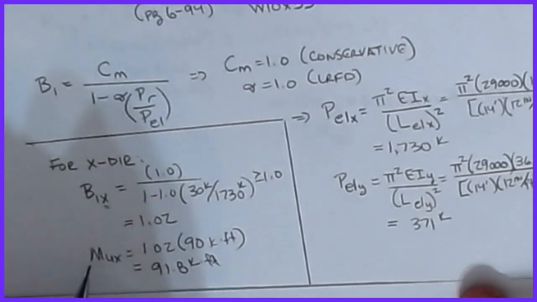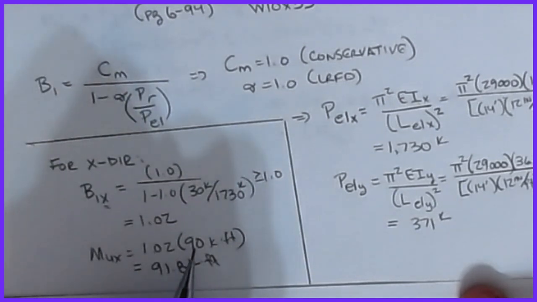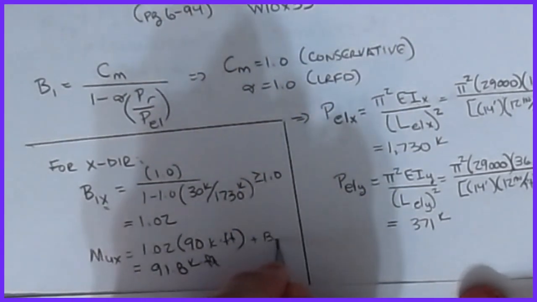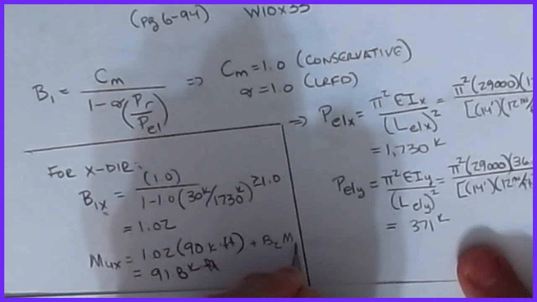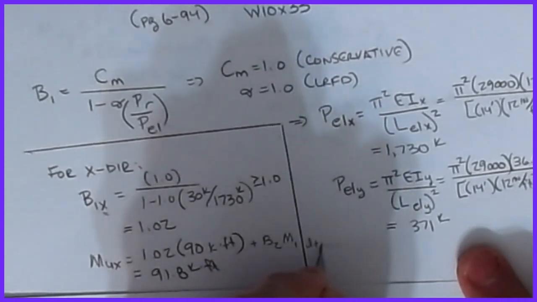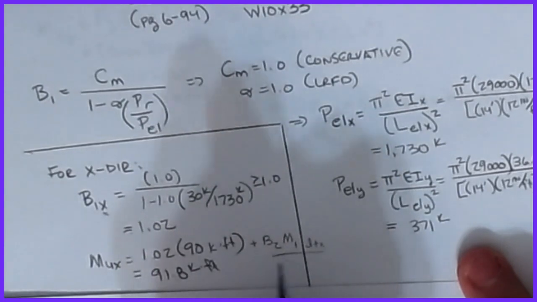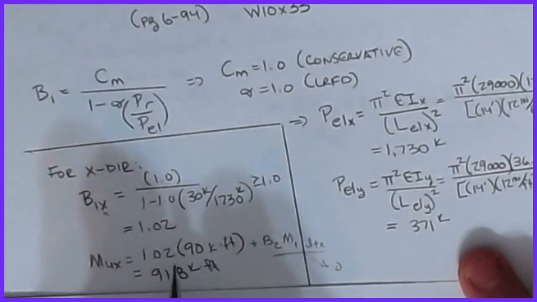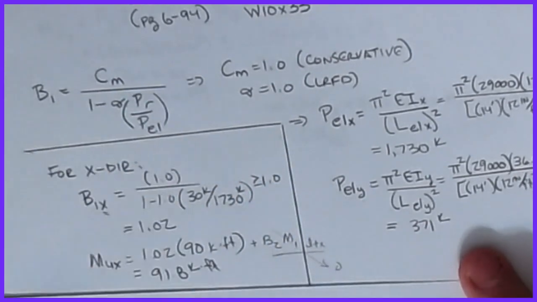So all I do then is I take my Mu that was applied, and I take my B1 times the Mux. Now again, there is a B2 and an Mlt in the X direction on this thing, but because we said it was braced, this whole term was 0. So we're only really playing with that first term on this particular problem. So that's 91.8 kip-feet for that particular value.